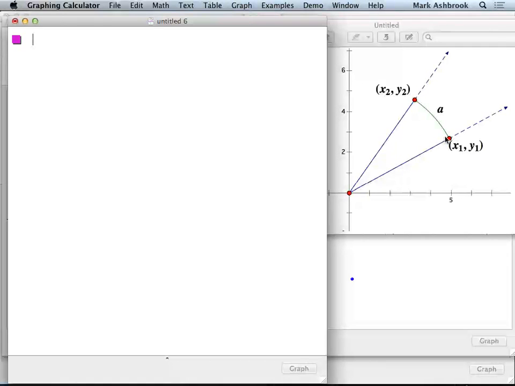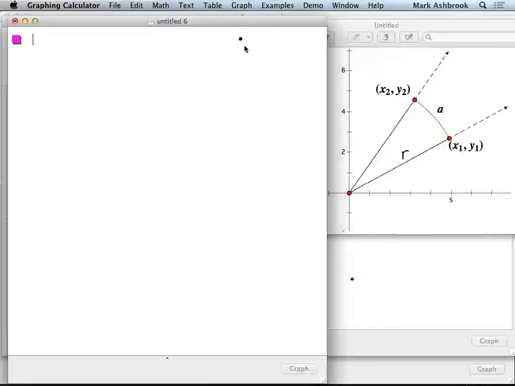Let's see, can we define the coordinates of this point? So how would you define the coordinates of this point right here? R times cosine of the angle. What's that? R times the radius of the circle. Okay, so we got a radius here.